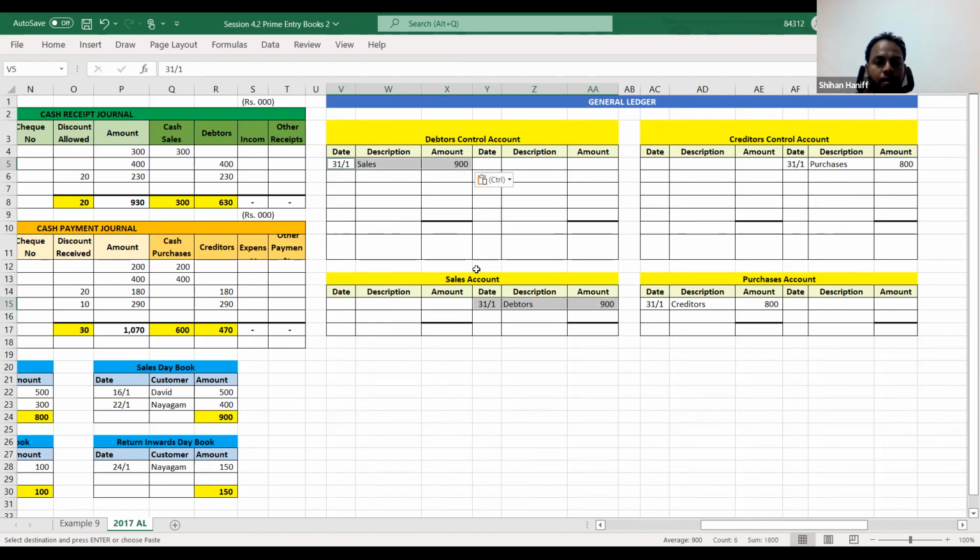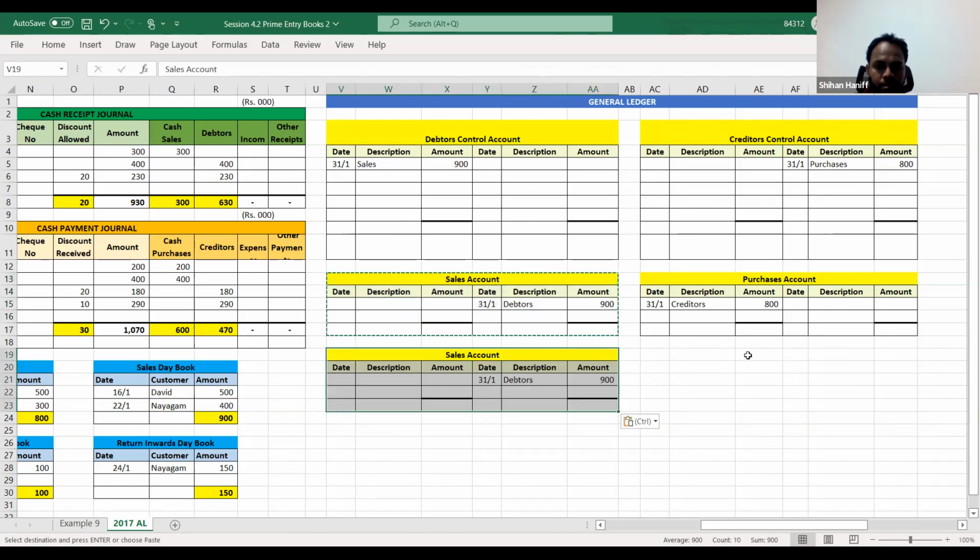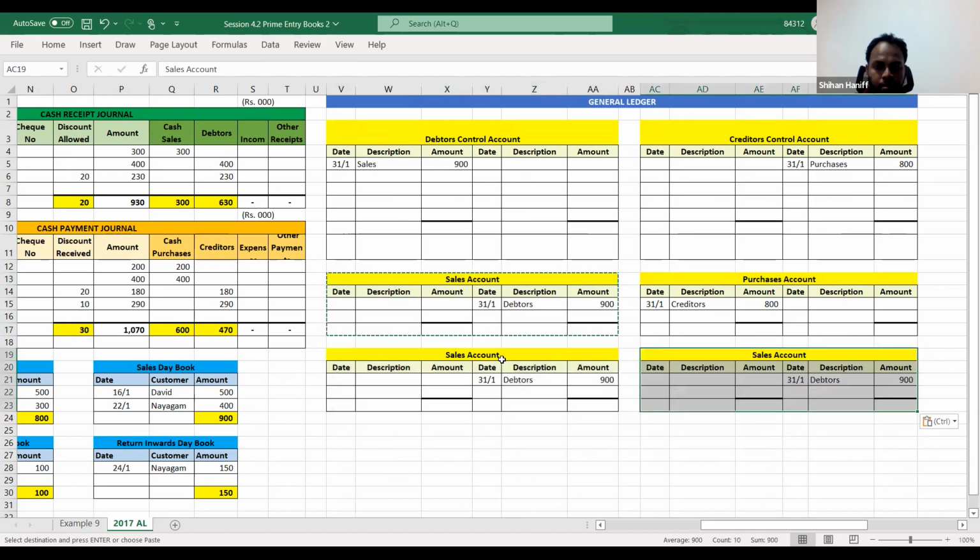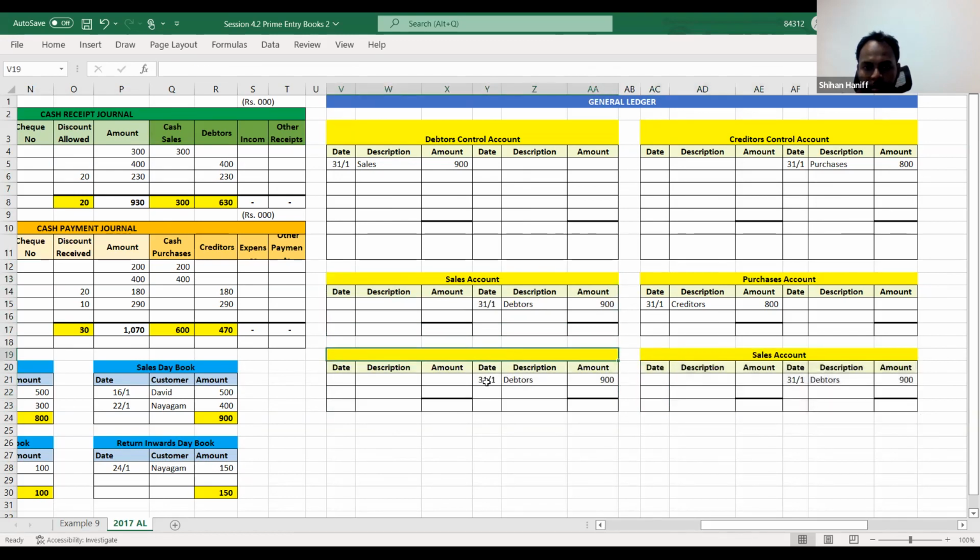Then the returns. Now we have return. I'll draw the return accounts also. Okay. You can understand. This is return inward, sales return.